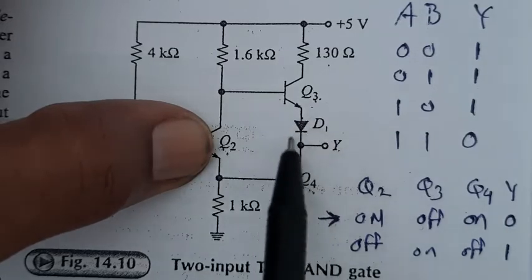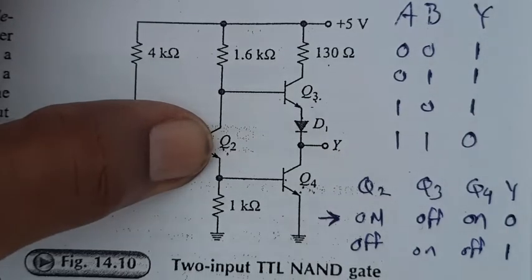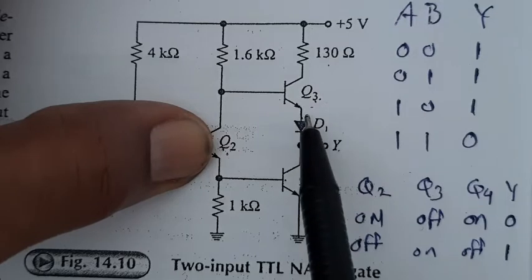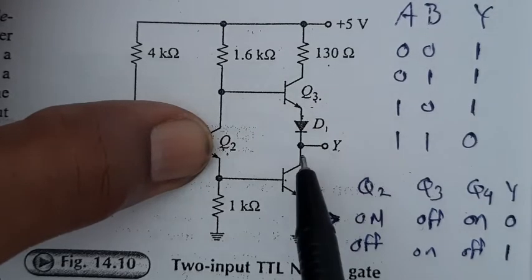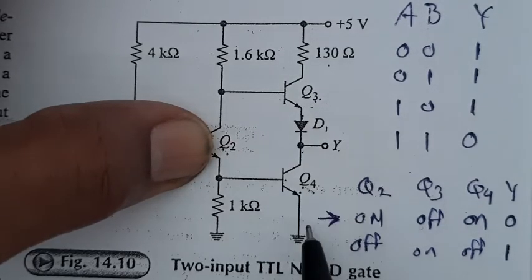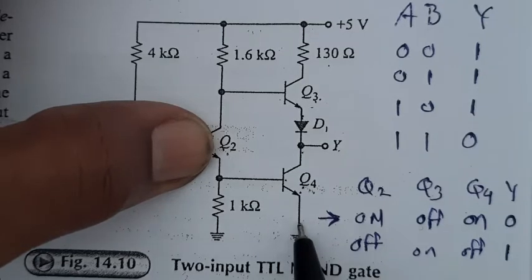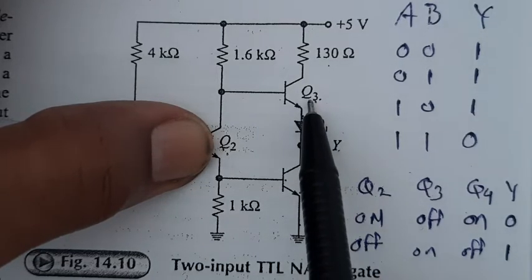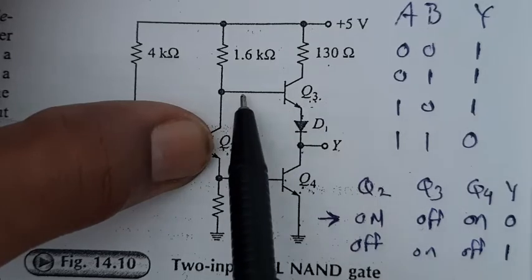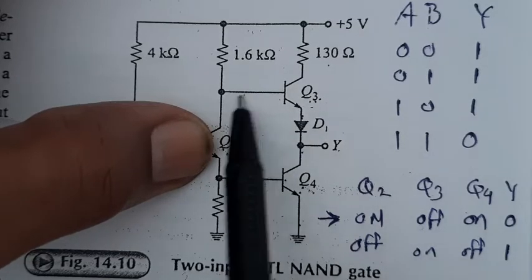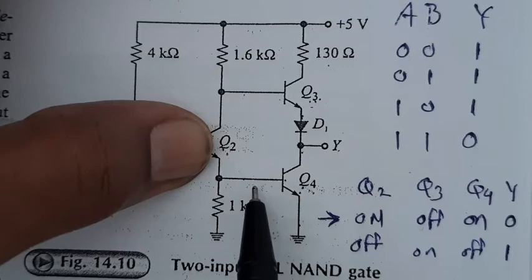The reason is this diode. Because the emitter of transistor Q3 is at higher potential with respect to the collector. It is not at ground potential. Therefore, to make the transistor Q3 on, it requires more potential at the base than the potential at base of transistor Q4.